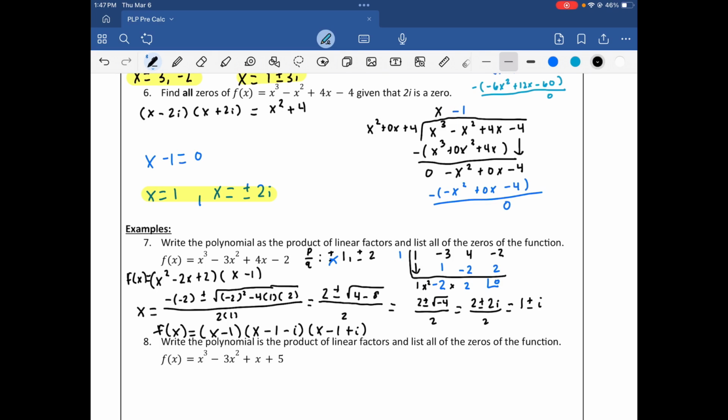So this is our product of linear factors. And the list of all zeros, we'd have x is equal to 1 and then 1 plus and minus i. Those are your two separate pieces.